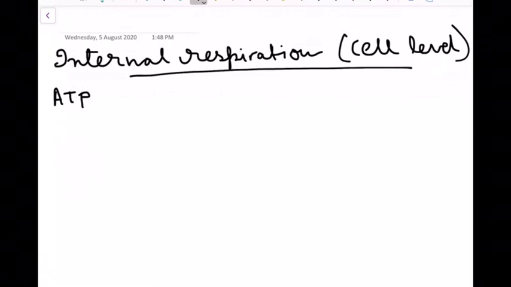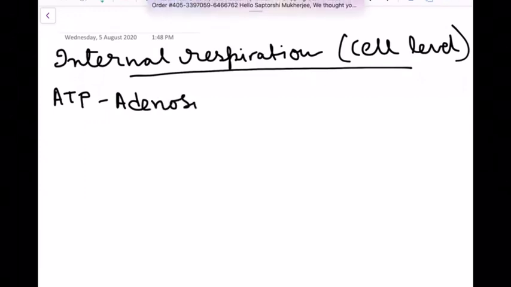So before I start explaining internal respiration, let me tell you a little about ATP. Full form of ATP is adenosine triphosphate.